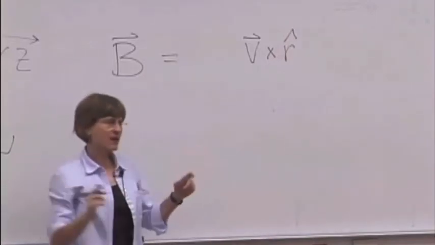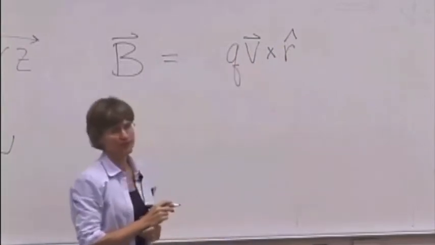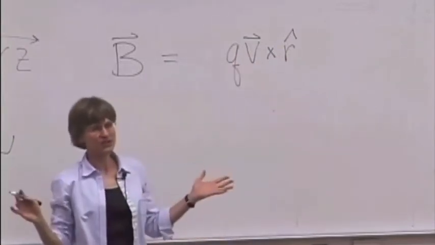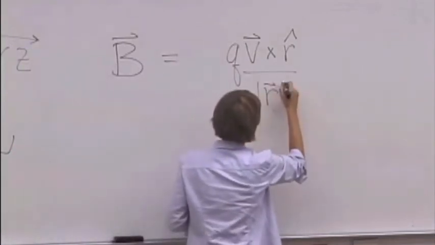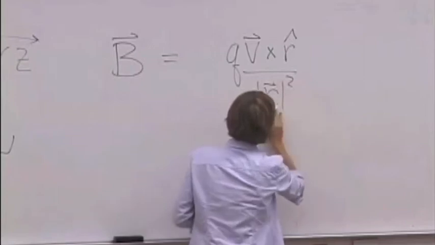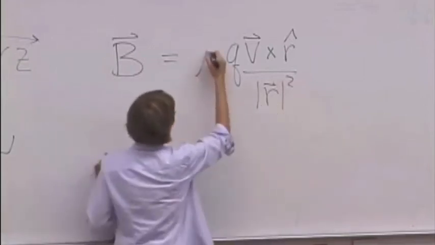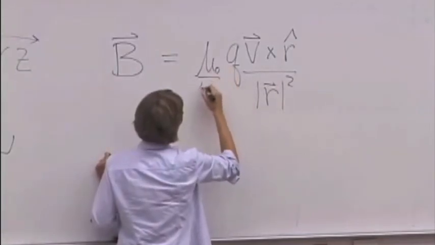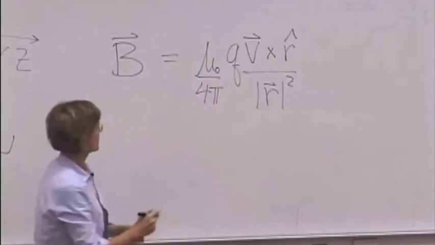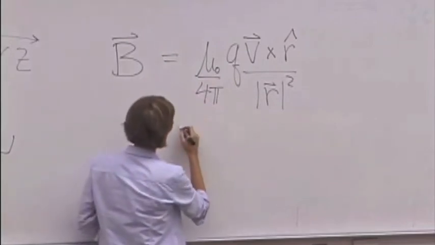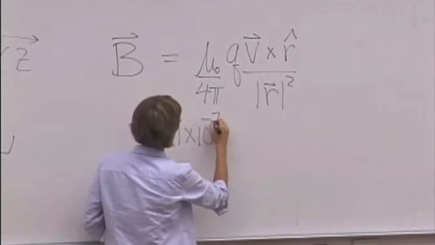We decided the charge mattered, so there's a Q here, which could be a plus or a minus number. Not surprisingly, it falls off like 1 over R squared, so there's a magnitude of R squared. And then there's a constant which turns out to be called mu0 over 4 pi in SI units. This thing has the value of exactly 1 times 10 to the minus 7.